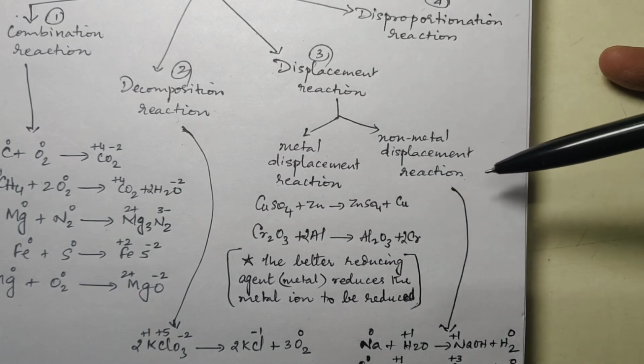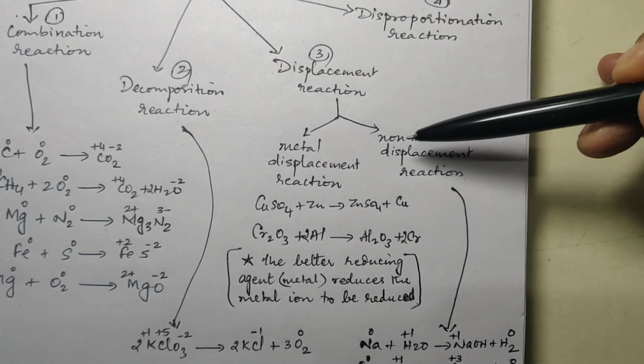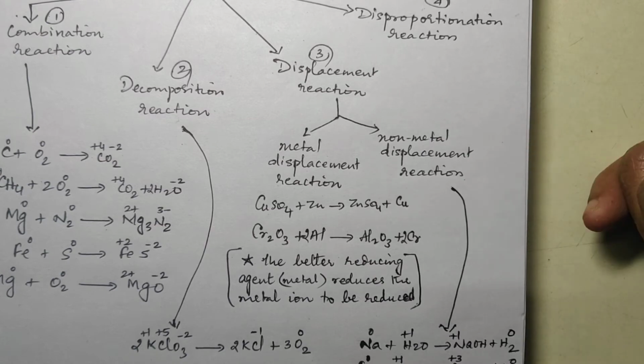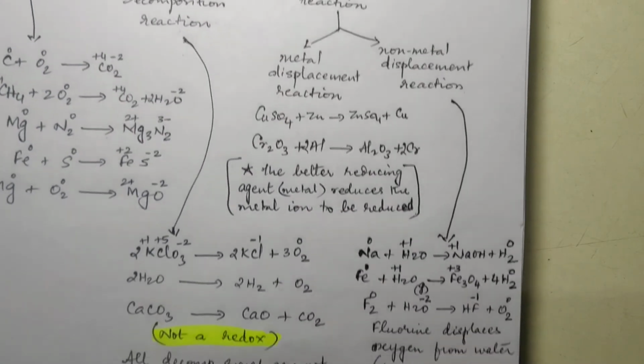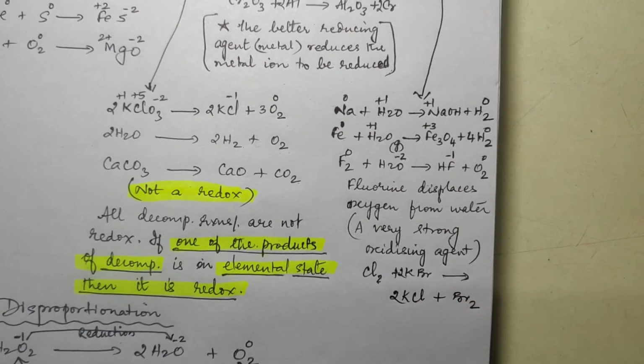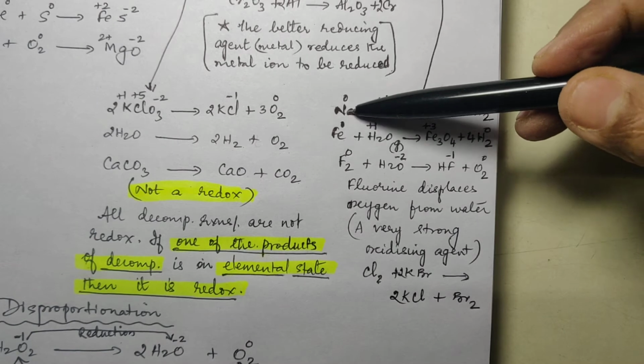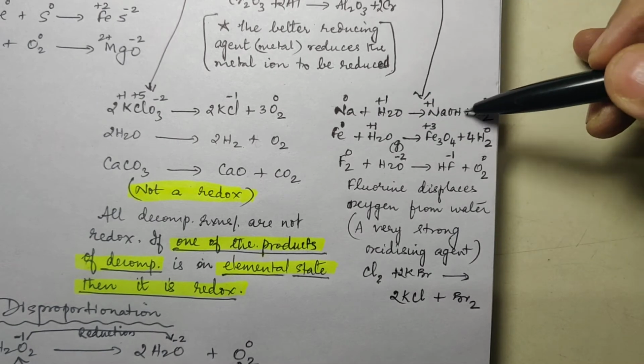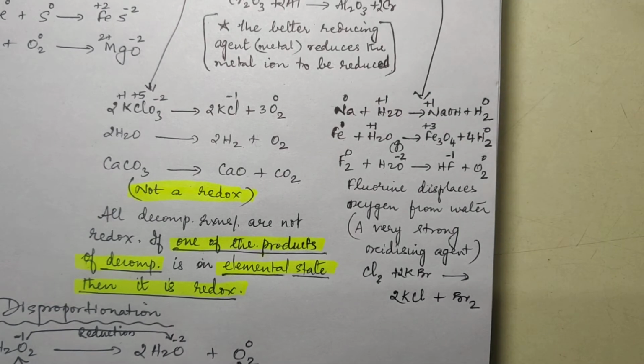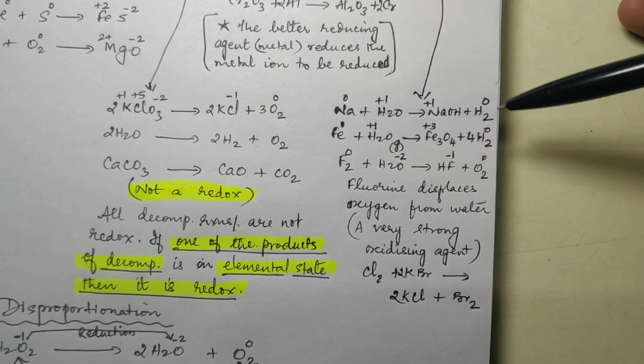Now, what is non-metal displacement reaction? Non-metal displacement reaction means a non-metal is displaced. Now see, sodium plus water gives you NaOH plus hydrogen. Now, how is it a redox reaction?